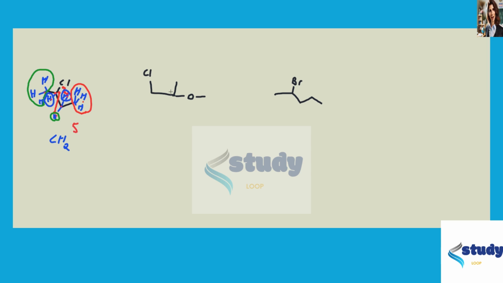Now if we look at the second example, we see that this carbon here is a stereogenic center, and we have a CH2 here. So there's a good chance that these 2 protons will be unique once again. But before we do that, let's draw out all the protons we have in this molecule.